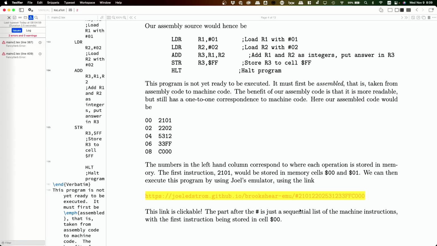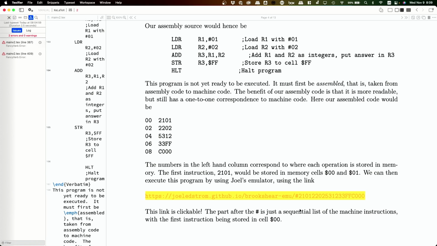Register 1, right? So we decoded it by saying, okay, this first digit, the 2, is the opcode. That tells us which kind of operation we're doing. Are we taking data and putting it into a register? Are we taking a register's value and storing it out in memory? Are we doing addition? What are we doing, right?